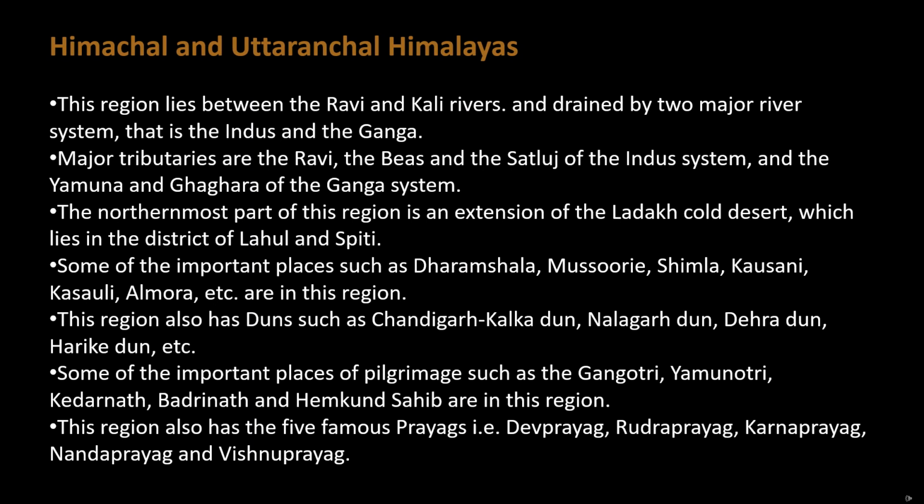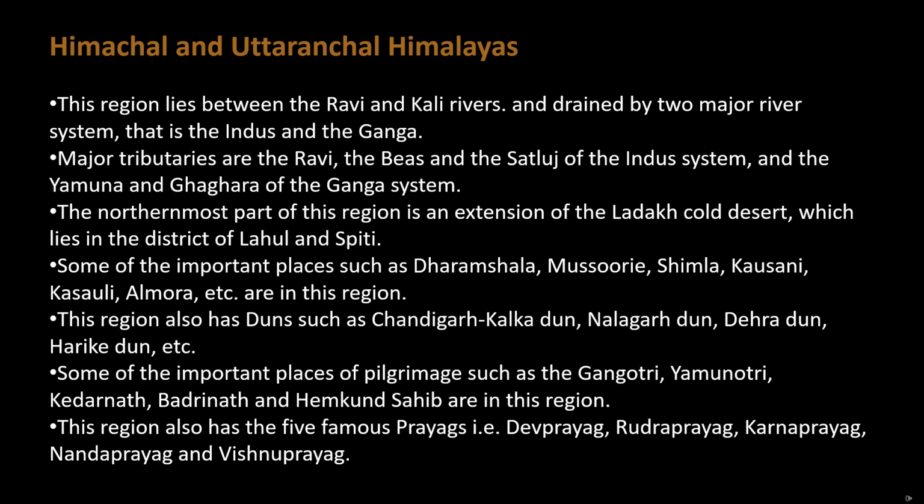Himachal and Uttaranchal Himalayas. This region lies between the Ravi and Kali rivers, and is drained by two major river systems, that is the Indus and the Ganga. Major tributaries are the Ravi, the Beas and the Satluj of the Indus system, and the Yamuna and Ghaghara of the Ganga system. The northernmost part of this region is an extension of the Ladakh Cold Desert, which lies in the district of Lahul and Spiti.